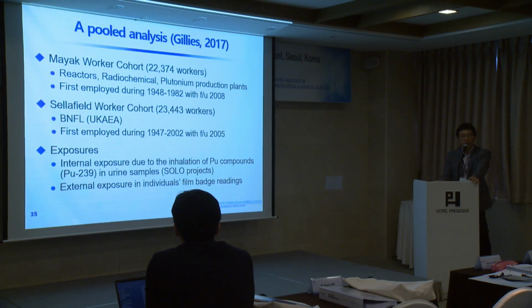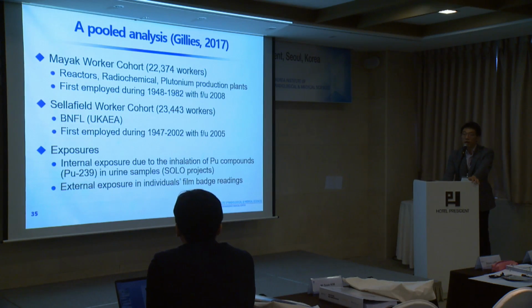As I said before, studies of the health effect of internal exposure, especially plutonium, like alpha particles, are very limited. There are two representative cohort studies. One is the Mayak worker cohort, the other is the Sellafield worker cohort study. Especially the Mayak worker cohort study is very unique and fundamental information on health effects associated with plutonium, because their exposed dose is quite broad and their follow-up is pretty long.